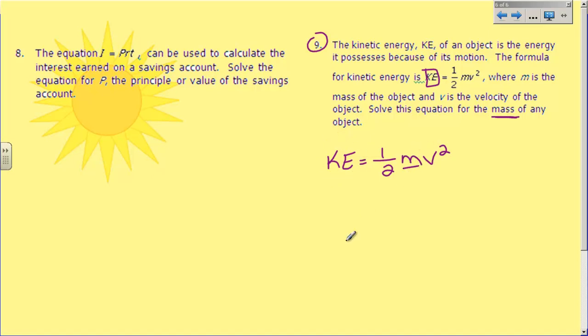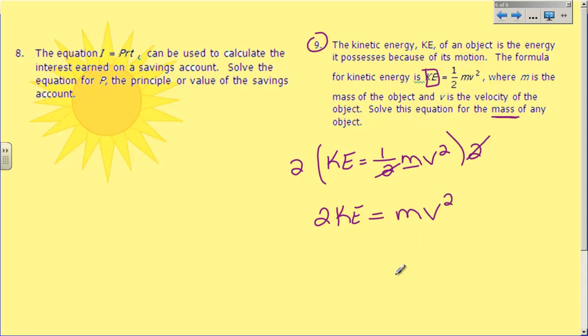So I want this M by itself. Well, the first thing, get rid of that fraction. So we're going to multiply everything by 2. These 2's cancel each other out. So over here you have 2 kinetic energies is equal to 1 mass velocity squared. So you just have mv squared.